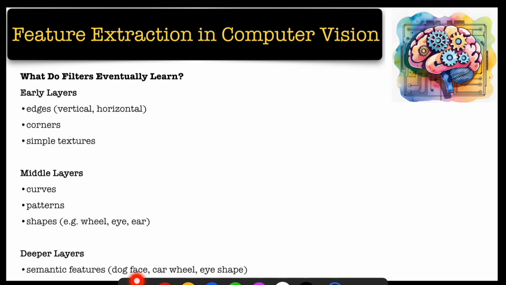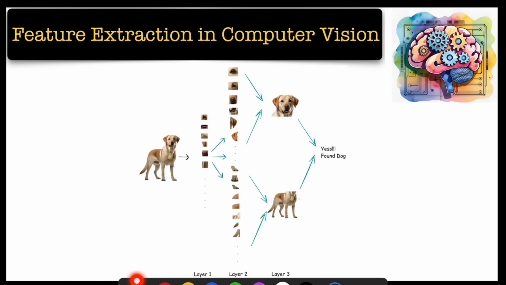Deeper layers learn semantic features like a dog's face, a car's wheel, eye shape and so on. The deeper the network or the better the architecture, the better it learns to understand the image.